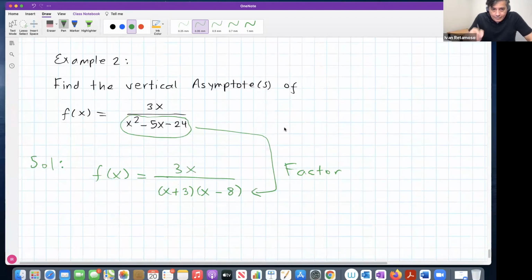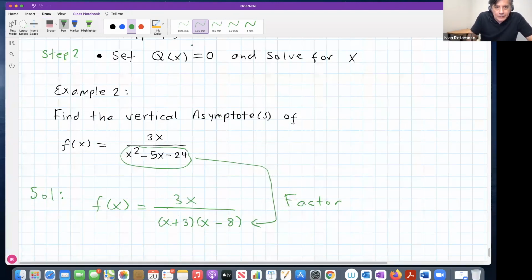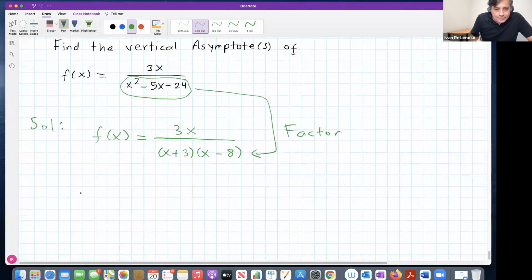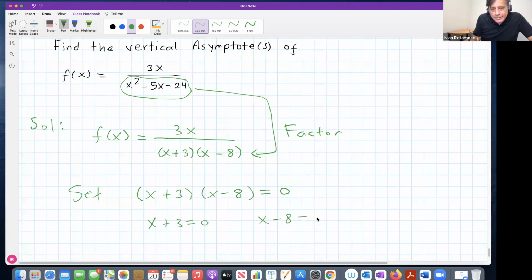Yeah, great. Now, once it's factored and simplified, so this is done, right? Always simplify first. Step 2, set your denominator equal to 0 and solve for x. So let's set our denominator, which is this guy, x plus 3 times x minus 8, sorry, equal to 0, meaning x plus 3 equals 0, or x minus 8 equals 0, right?